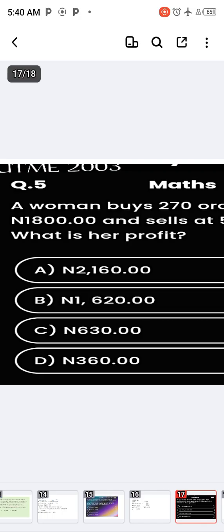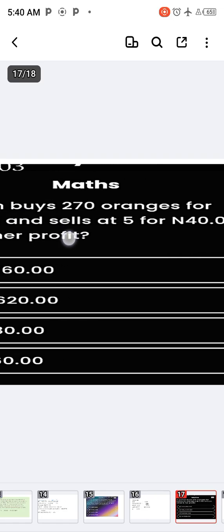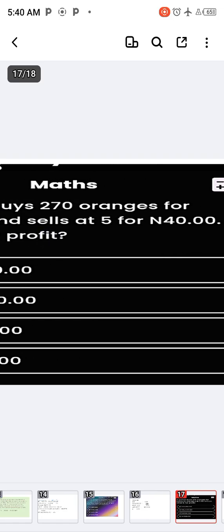Now what we need to do here is to calculate how much each of the oranges costs. And to calculate how much each orange costs, we are going to divide 40 by 5 because you sell 5 for 40 naira. So each orange costs 40 over 5, which is 8 naira.